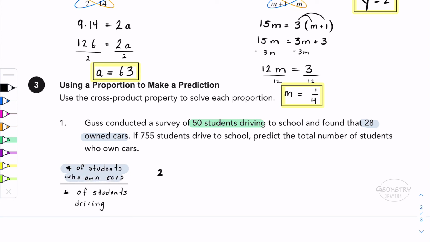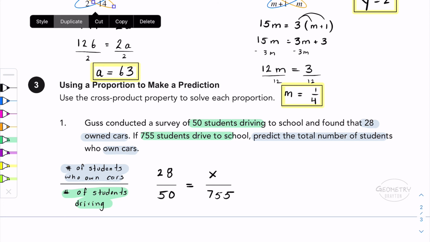In Gus's survey, that was 28, divided by the number of students driving, and in his survey, that was 50. My second ratio that I'm trying to solve for is saying that 755 students drive to school. So we're trying to figure out how many of them actually own their car. We're going to use X to predict the number of students who own the car. And we know that 755 of them are driving.